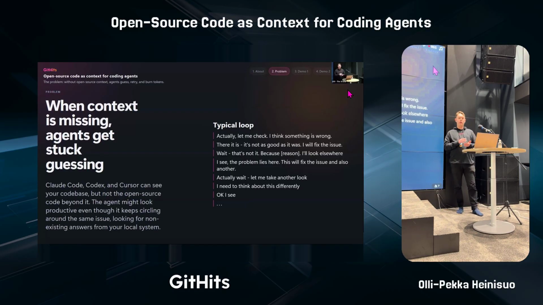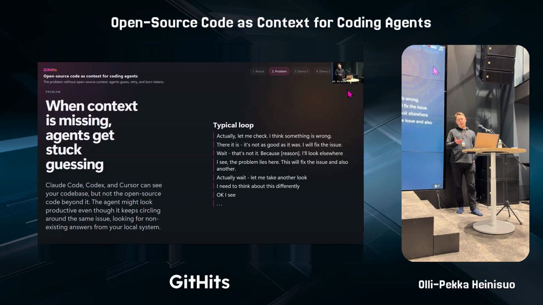Maybe the coding agent has a web search tool, but that doesn't solve the problems it might have. The real context lives in the open source code itself. Most of the code that we write depends on open source packages, and at the moment the agents cannot see inside those repositories or packages.